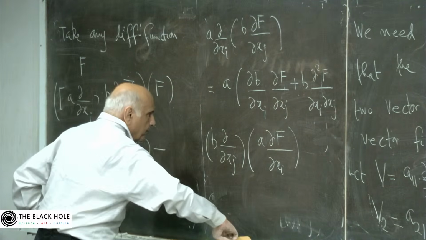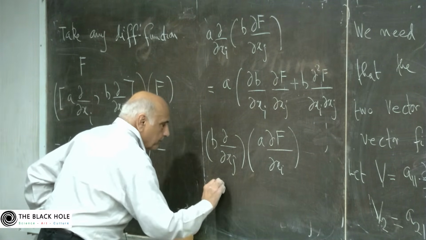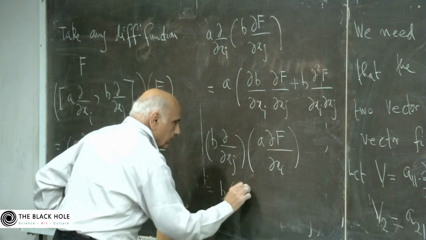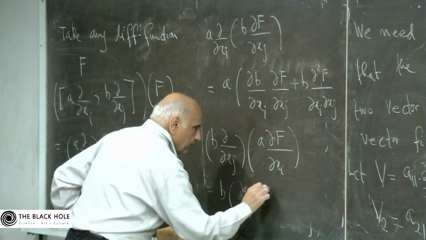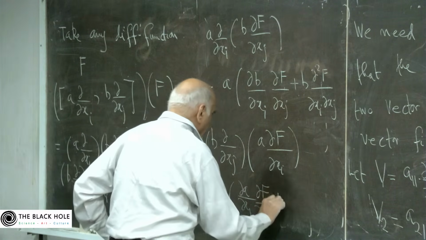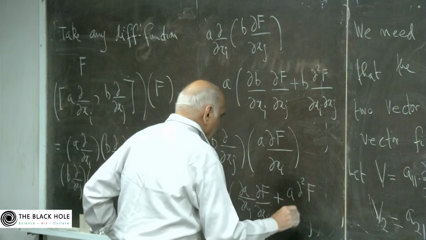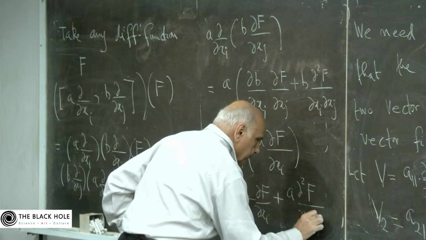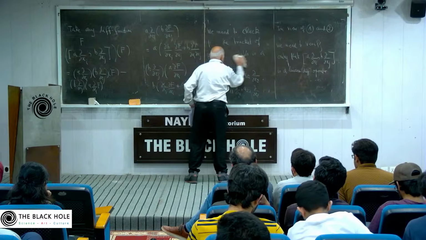This is B times partial A by partial xj times partial f by partial xi plus B times partial 2f by partial xj partial xi.